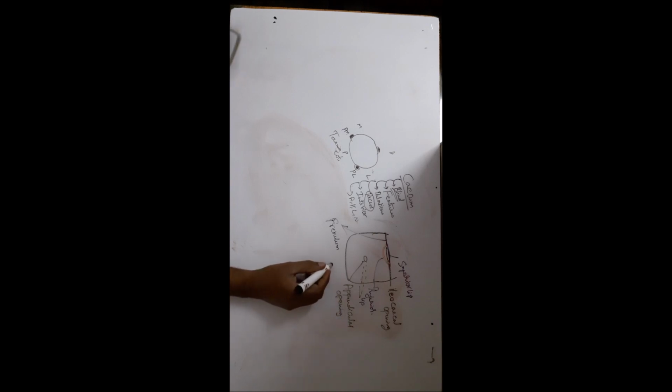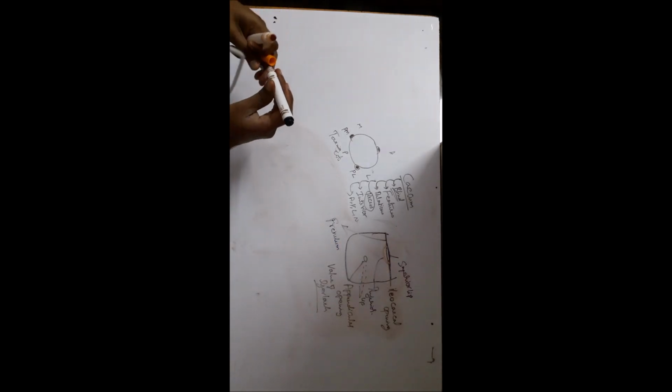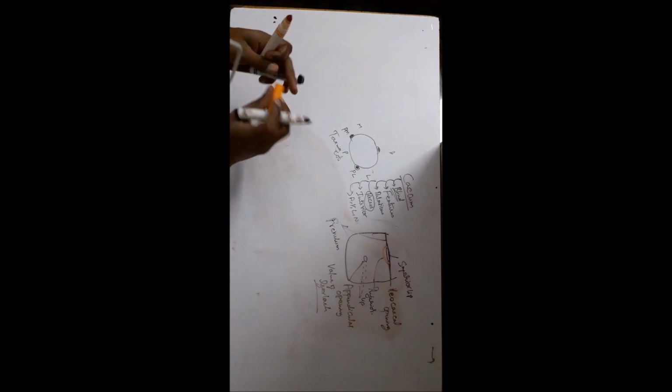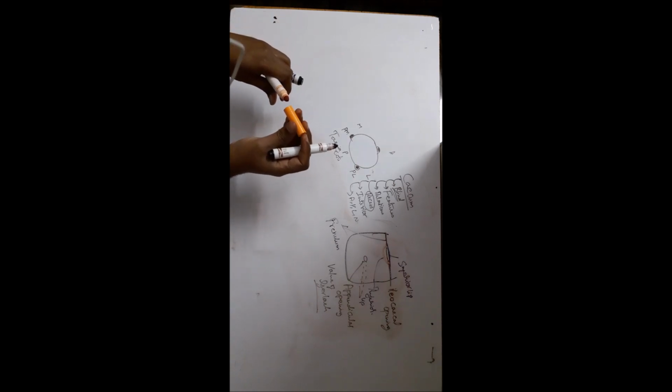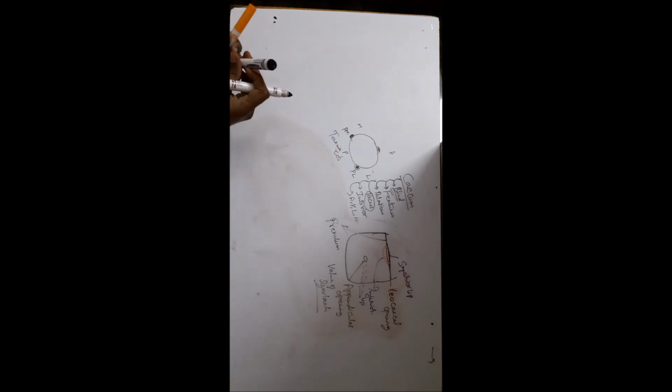Here it's having a valve called valve of Gerlach. So what is the function of this ileocecal valve? It will be preventing the regurgitation of the contents from the cecum into the ileum, and it will also be regulating the flow of the contents from the ileum into the cecum.